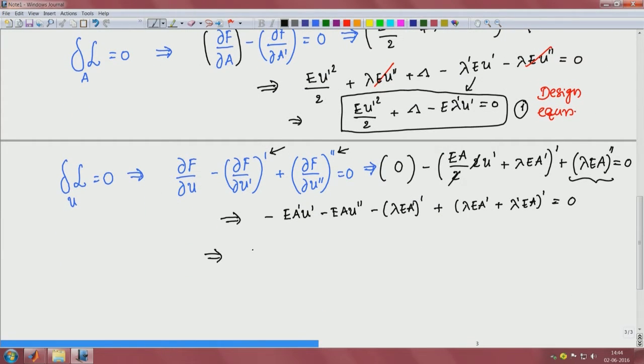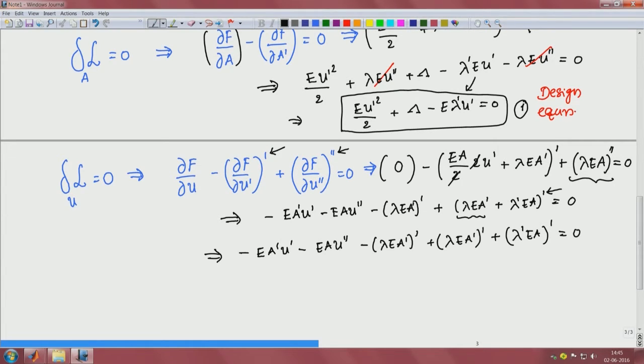We will go on further. So, E A prime u prime minus E A u double prime minus lambda E A prime prime. I did not want to expand this because this term here is basically lambda E A prime, and prime because of the prime there, and this one I will leave as it is, that is lambda prime E A prime.